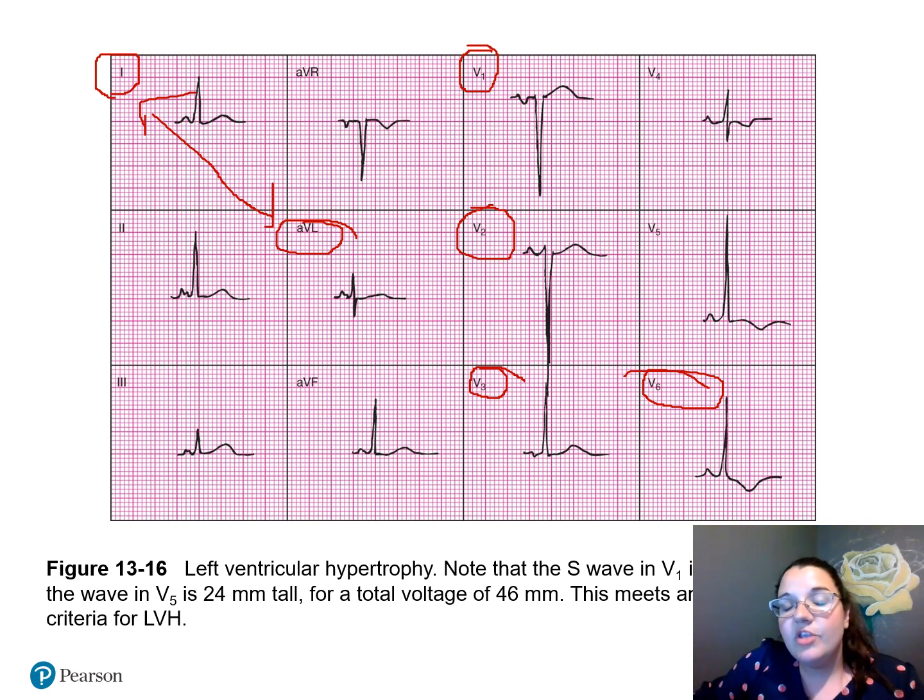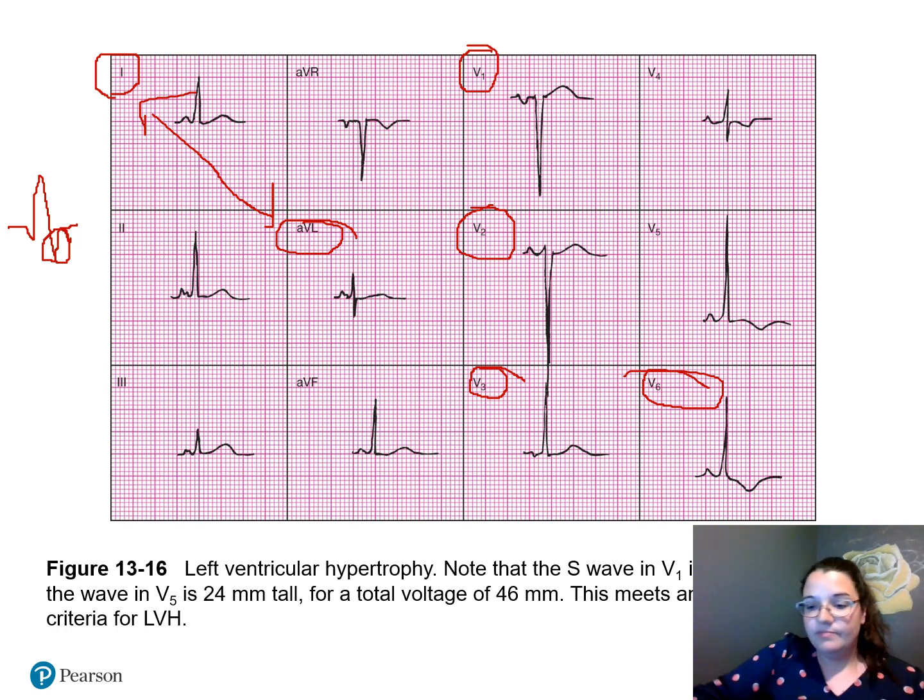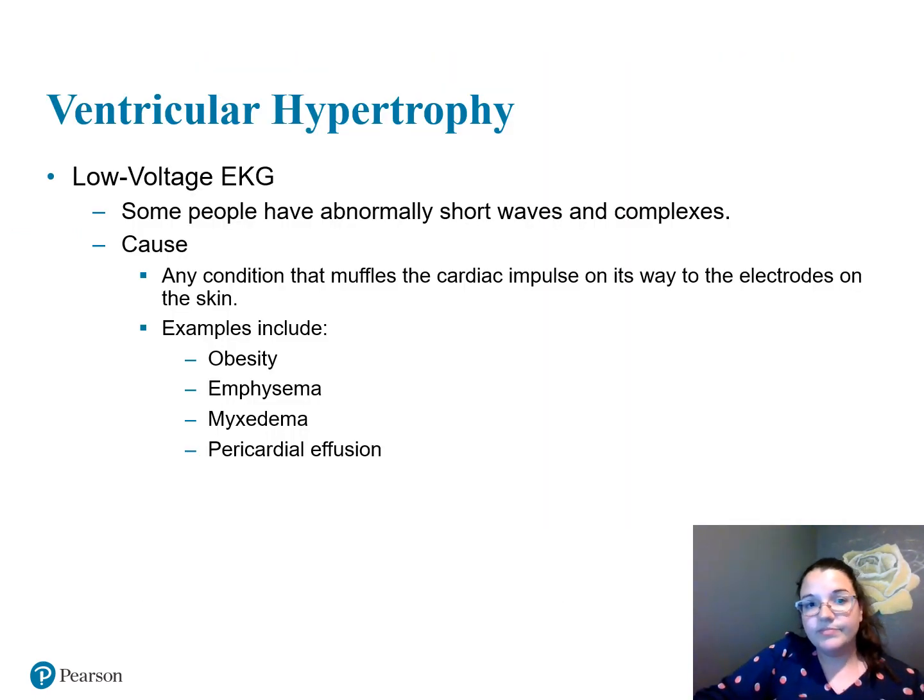But you want to also look at that S wave. What is the S wave? Remember, Q, R, S. Here is my S wave, a deeper than normal S wave. All right.